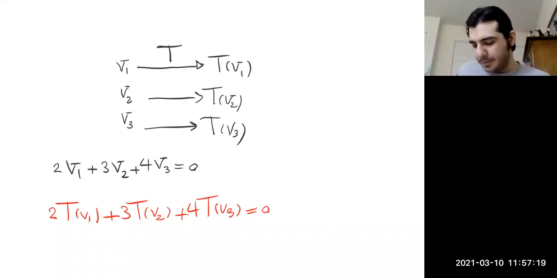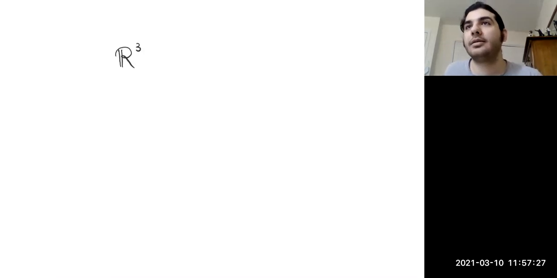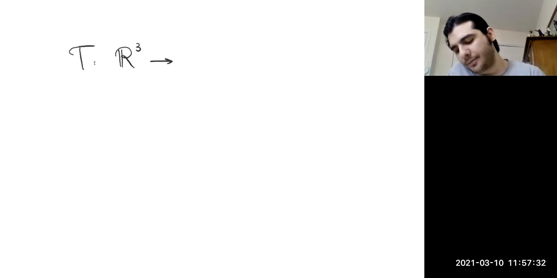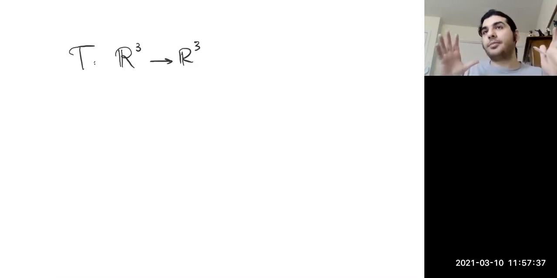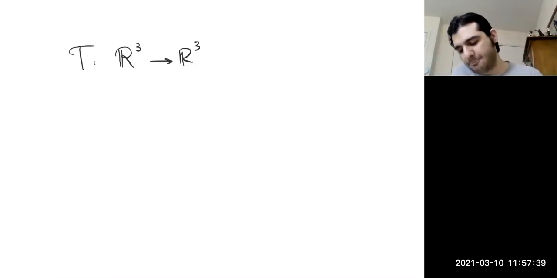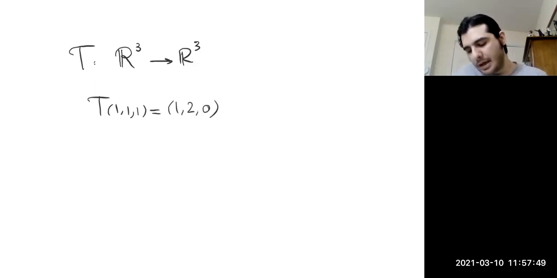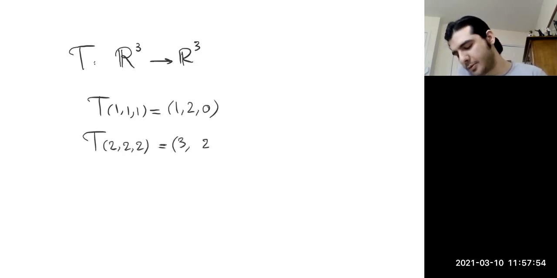So, a very simple example. Suppose I have R3, which is easier to think about, and suppose I have a linear map from R3 to R3. Suppose a map T is given, not completely, we only know that T of (1, 1, 1) is equal to (1, 2, 0), and also T of (2, 2, 2) is equal to (3, -2, 1).